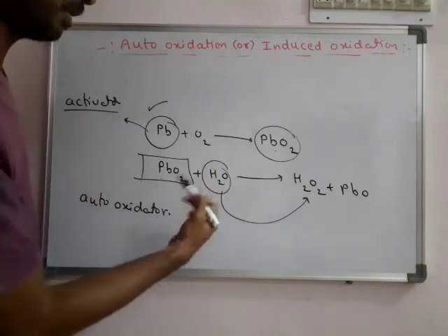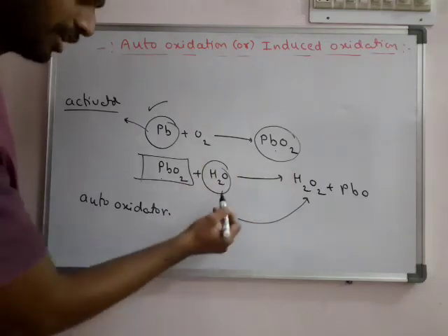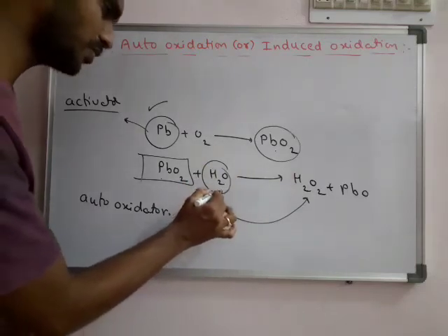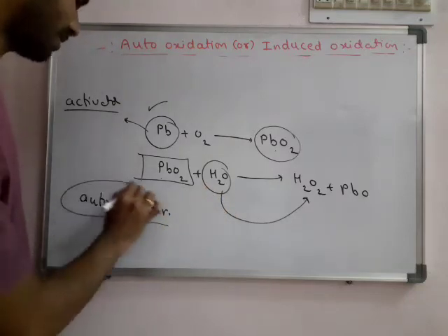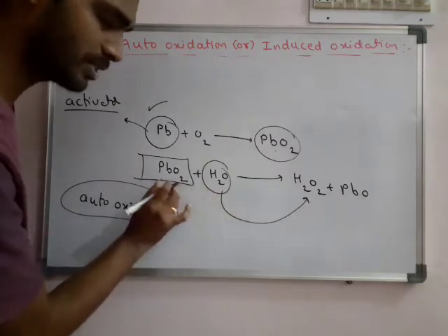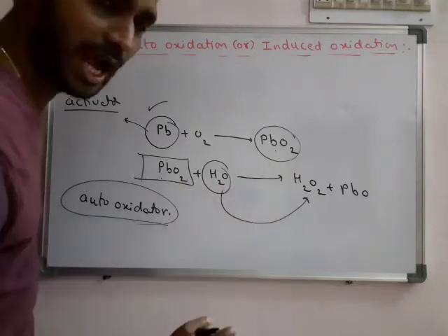That addition compound will oxidize the other compound. ఇక్కడ మనం H2O ఎగ్జాంపుల్ తీసుకున్నాం. So it's the auto-oxidator. This H2O accepts the oxygen from this and it is oxidized to hydrogen peroxide.